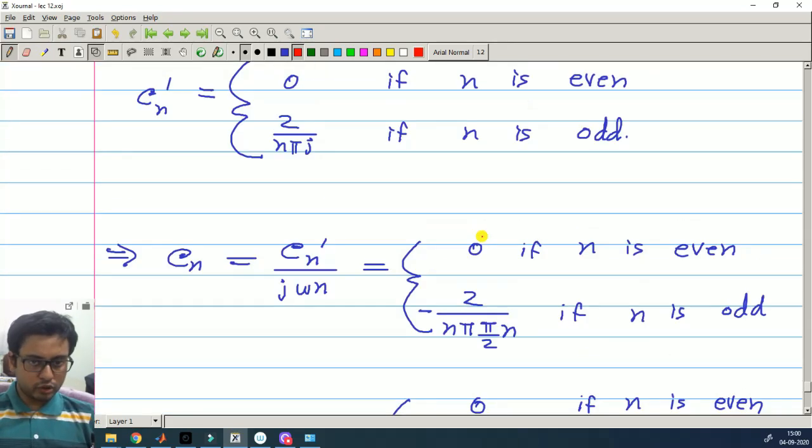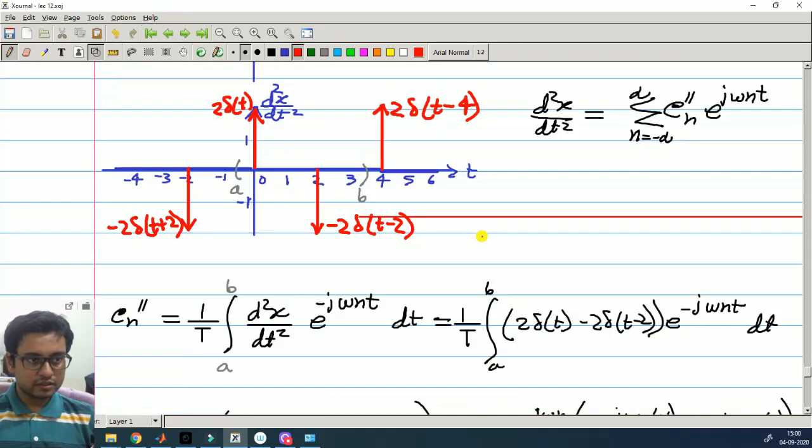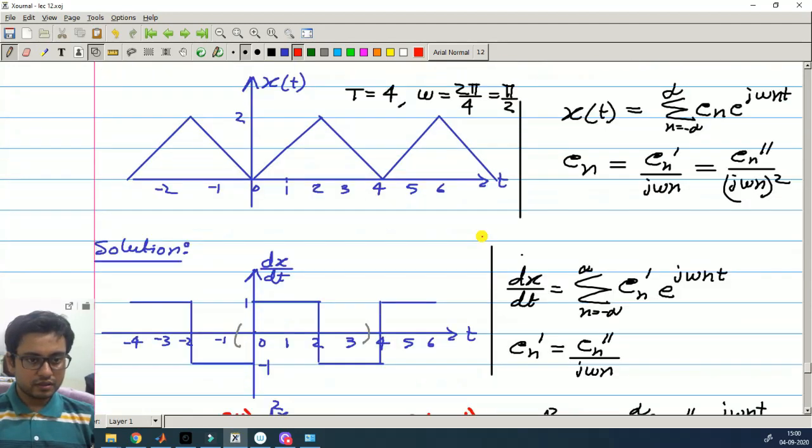You should also understand this fact that it is not possible to calculate C0 from C0 prime by j omega n, because when you differentiate a signal, the average value will have no effect. You can add any constant to a signal, but the derivative will remain the same.